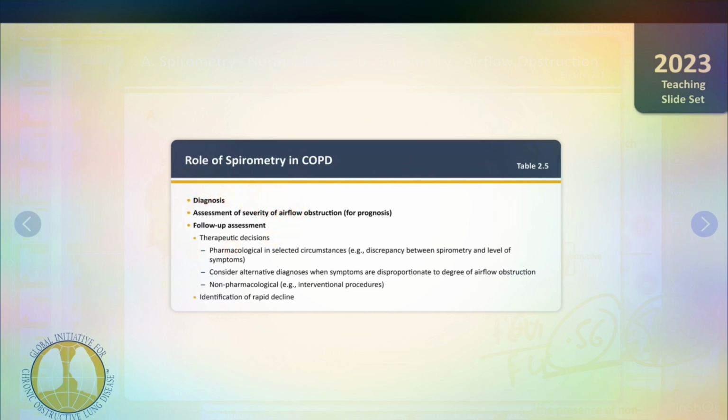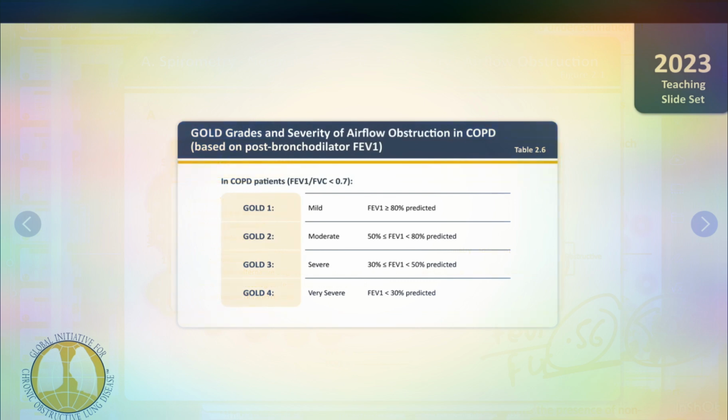Then for follow-up assessment and therapeutic decisions: for pharmacological treatment in selected circumstances where there is a discrepancy between spirometry and level of symptoms, or to consider an alternative diagnosis when symptoms are disproportionate for the degree of airflow obstruction, and for non-pharmacological treatment like interventional procedures, and for identification of rapid decline. So for these things we use spirometry in COPD patients.